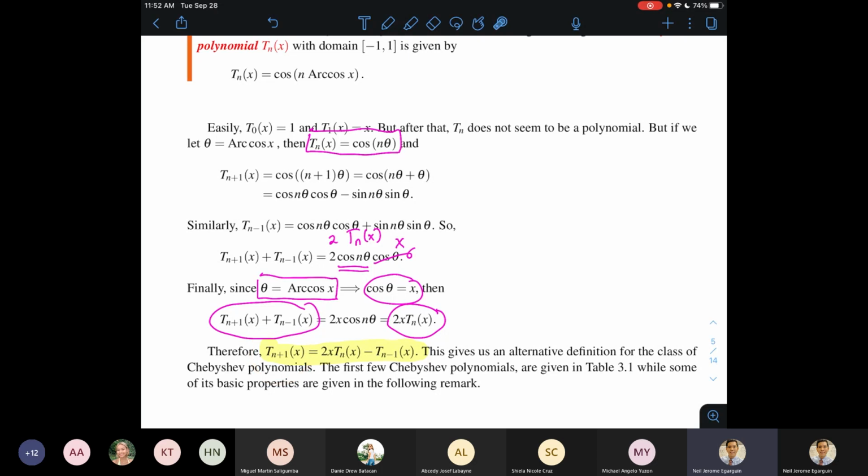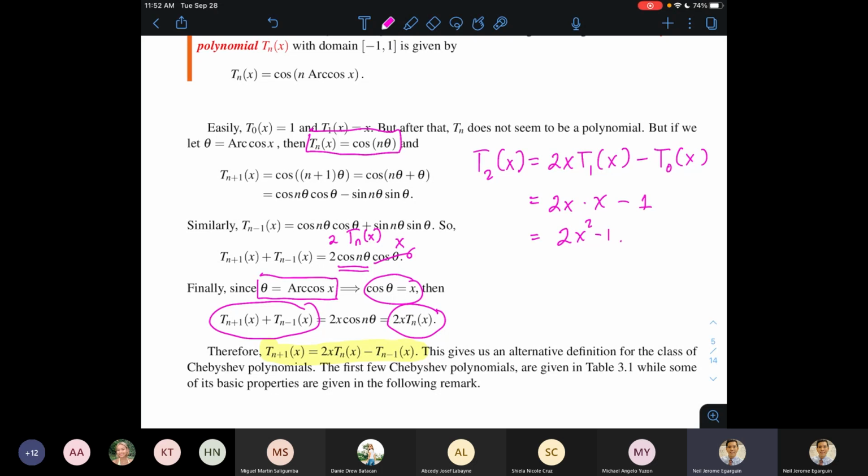Remember, we already knew that the zeroth Chebyshev polynomial is 1, the next is x. So to get t sub 2 of x, we'll just get twice of x times t sub 1 of x, the previous Chebyshev polynomial, minus the Chebyshev polynomial 2 steps before, t sub 0. Okay? But we know that t sub 1 of x is x, and t sub 0 is 1. So the degree 2 Chebyshev polynomial is 2x squared minus 1.